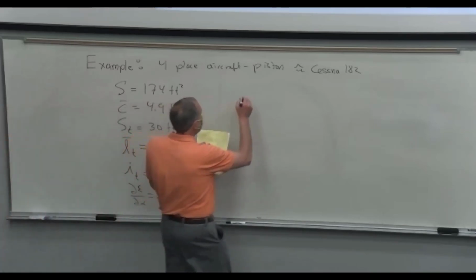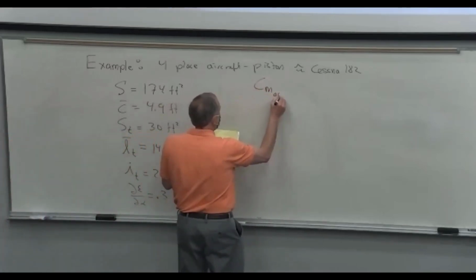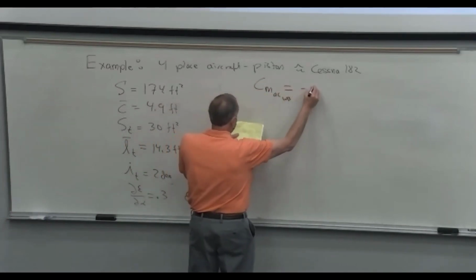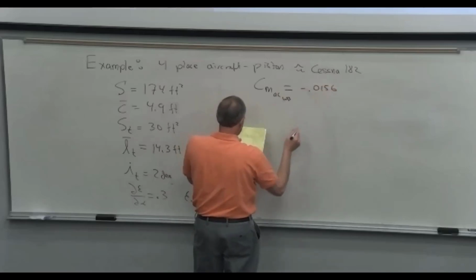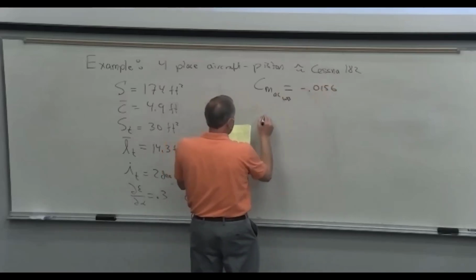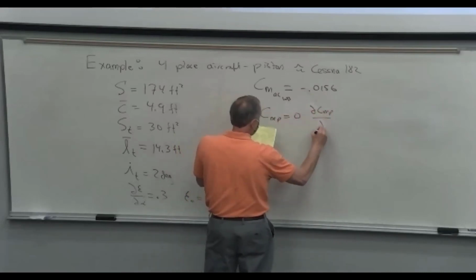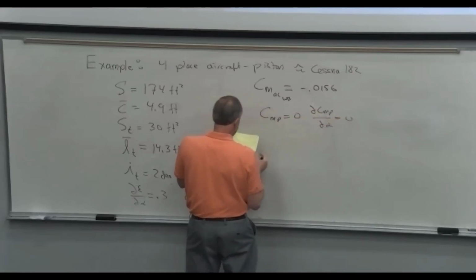And then we have Cm AC of the wing body, so that's the pure couple of the wing. The propulsion, we're going to say we can neglect. Thrust line is pretty much through the CG.